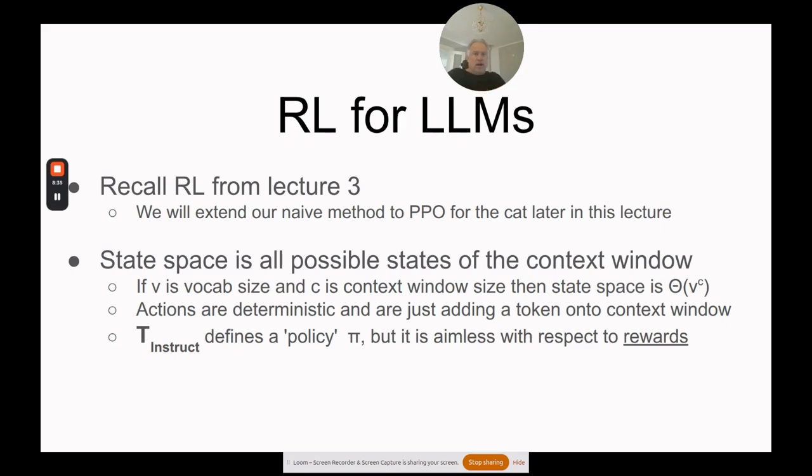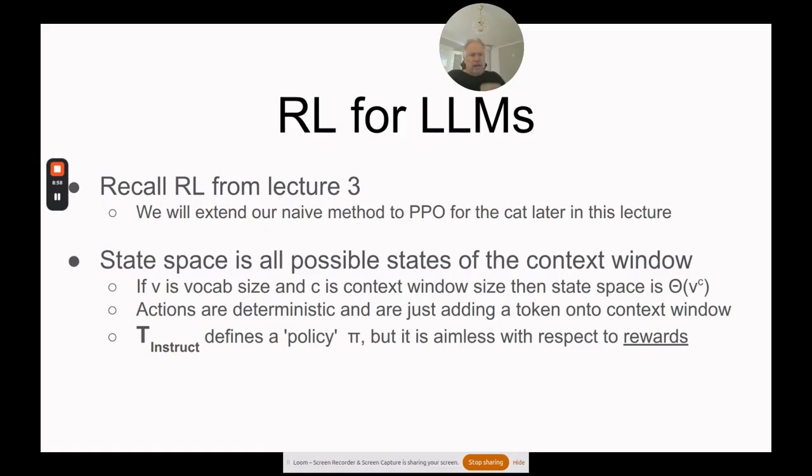And of course, the policy it's giving you is a probabilistic policy, so it's not saying directly do this. If the temperature was at 0, and you were doing proper ordering to make it deterministic, then it would be deterministic. But in this case, there's a probability distribution of what the next tokens should be.